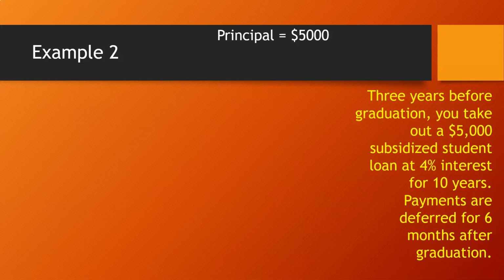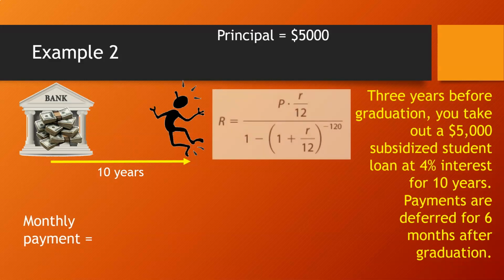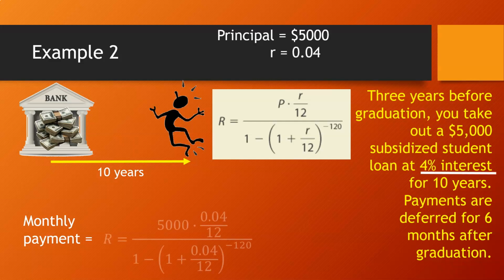Well, the principal stays $5,000, and you're still going to be paying that principal back over the 10 years between the time you start paying the first payment and the time you make your last payment. We're going to use the same formula to find the monthly payment, but in this case the principal's only $5,000 and the interest rate is still 4%. So simplifying with order of operations gives us a monthly payment for this loan of $50.62.